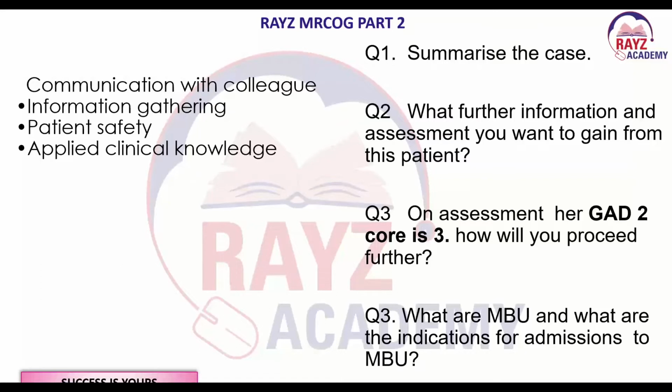And then further management, you rightly told, it will be in a consultant-led unit, and a multidisciplinary team approach will be there, and she'll be seen by the perinatal mental health team, and the GAD-7 questionnaire will be put to her to know her further risk, like if she is actually anxious, and the need for olanzapine to be started again will be seen in collaboration with the perinatal mental health team. Okay, so we will go like this.